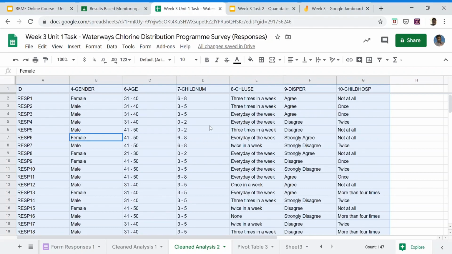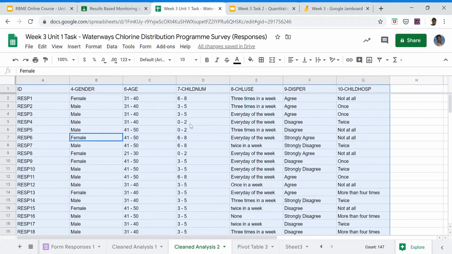Let's think about another way, to say that, oh, those that have this category of children number and how they visit the hospital, that also might be interesting. I'm interested in this same gender and child hospital.